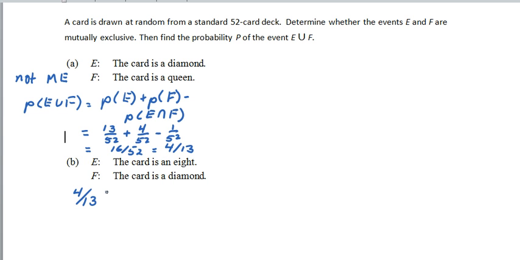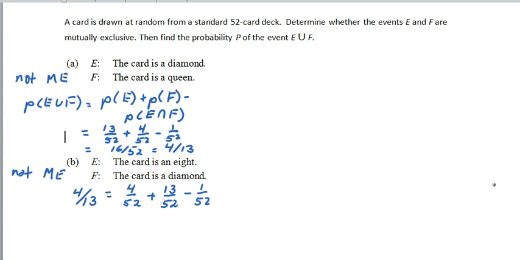And so this 4 over 13 would be 4 over 52 for the probability of an 8 plus 13 over 52 for the probability of a diamond minus 1 over 52 for the probability of an 8 of diamonds. And again, this is not mutually exclusive.